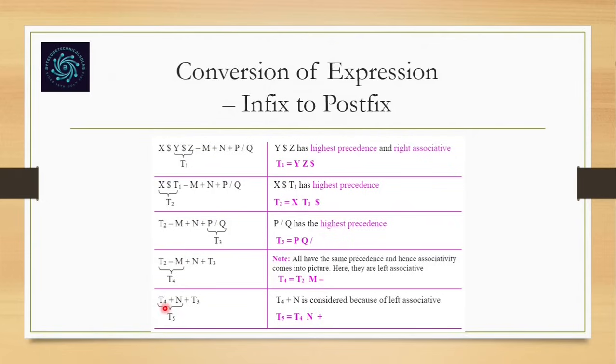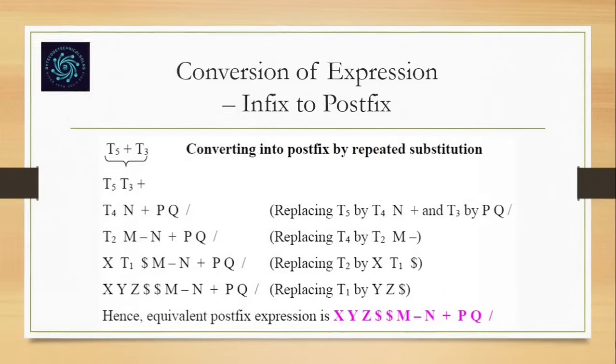The remaining expression is t4 + n + t3, considered from left to right. So t4 + n is evaluated first, and t5 is written as t4 n +. Now the remaining expression is t5 + t3, which is converted into postfix form as t5 t3 +.